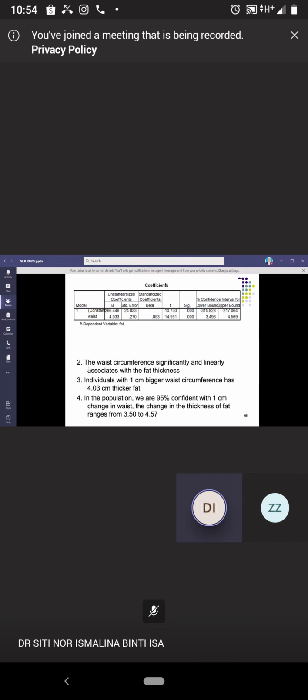And we need to interpret the p-value of the coefficients table, the p-value for the B, the regression coefficient.